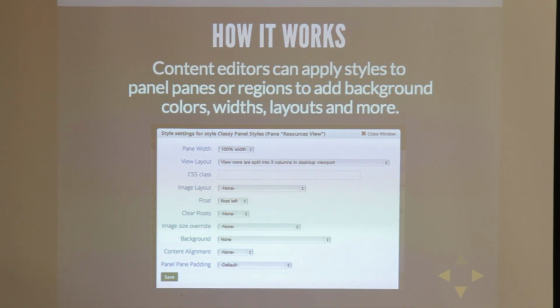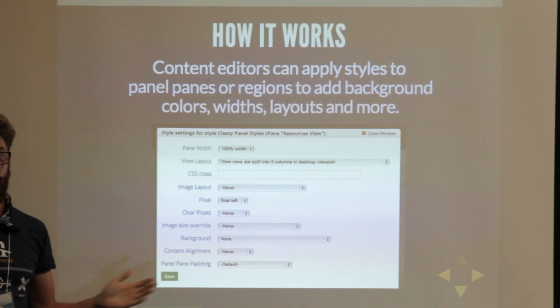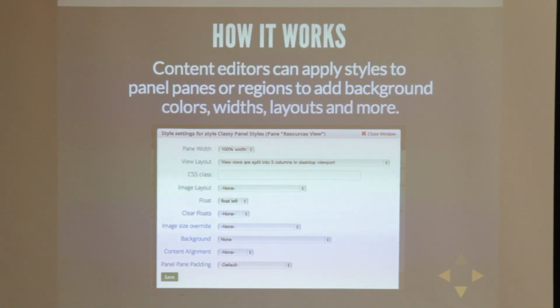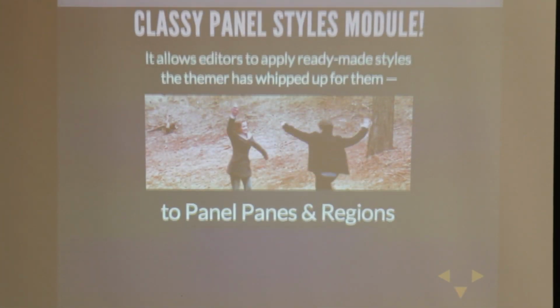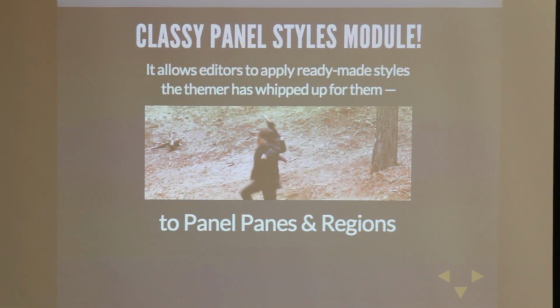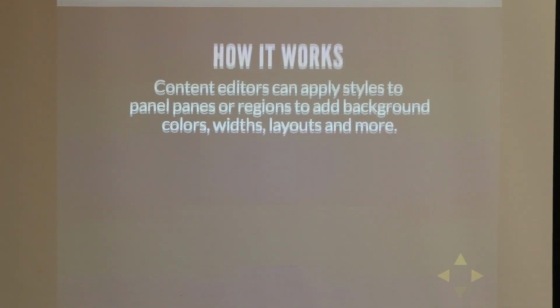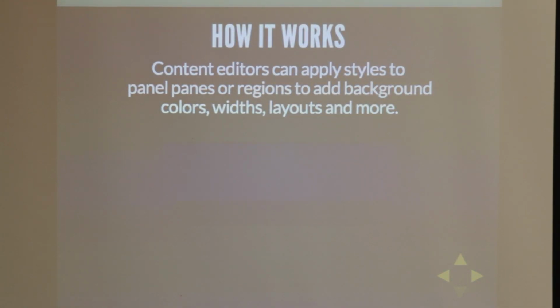So they've created all the complex styles that they want their editors to be able to use. And then they expose it through this nice form, so the editors don't actually need to know anything about classes. They don't need to know anything about the CSS, what's happening behind the scenes. They just can pick from a ready-made list of styles that the themer has created.